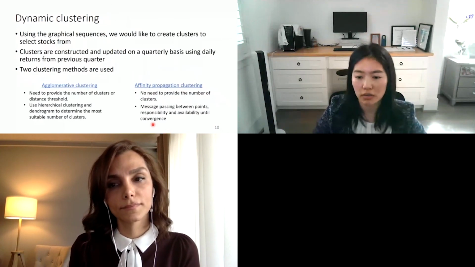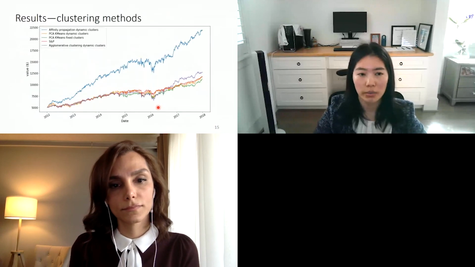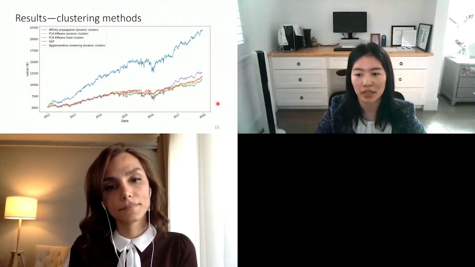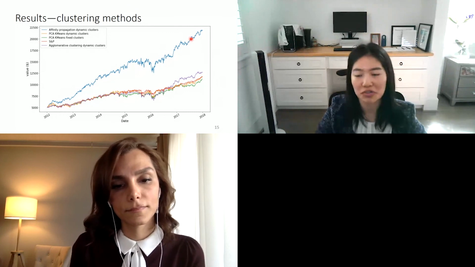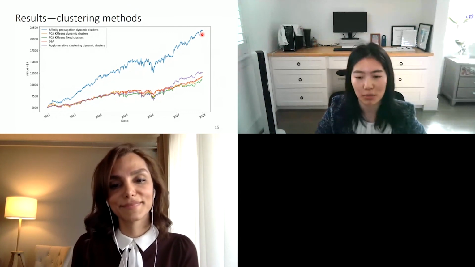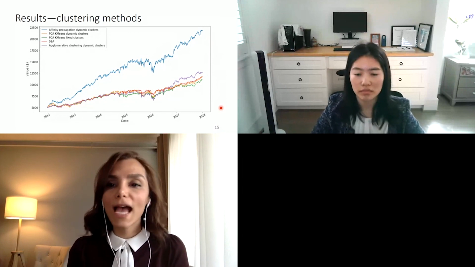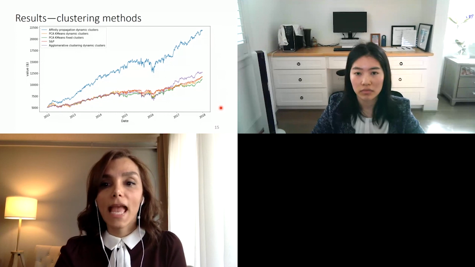So it's a different method between these two, and I think that's partially why we get a much better result for the affinity propagation. At the same time, changing the number of clusters over time probably also helped the affinity propagation.